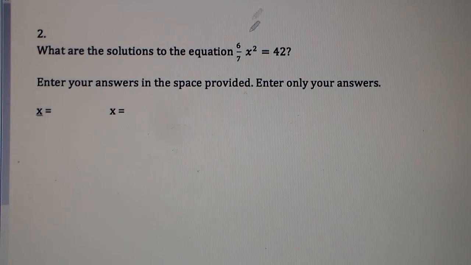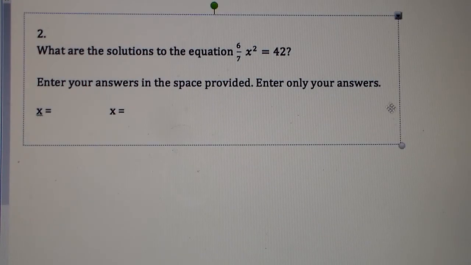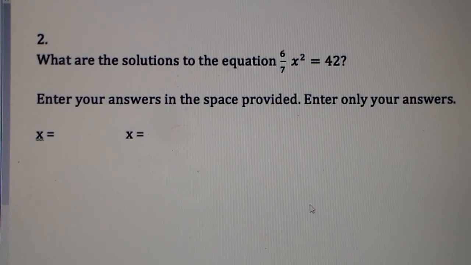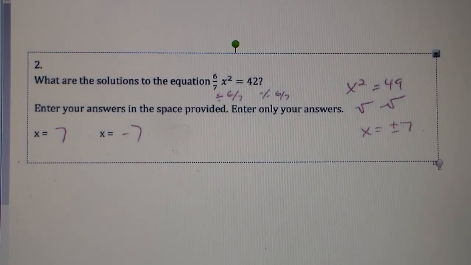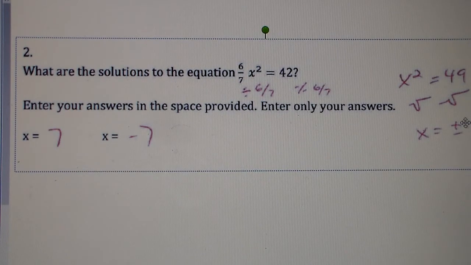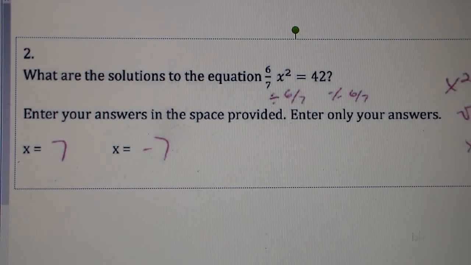Looking here at number 2. What are the solutions to the equation of 6/7 times x squared equals 42? Well, we're going to divide both sides by 6/7, as you can see right there.